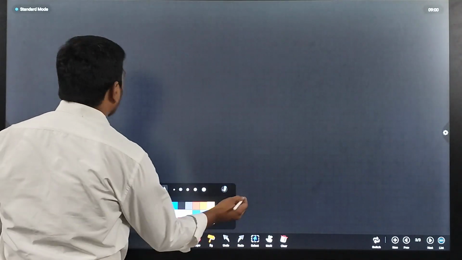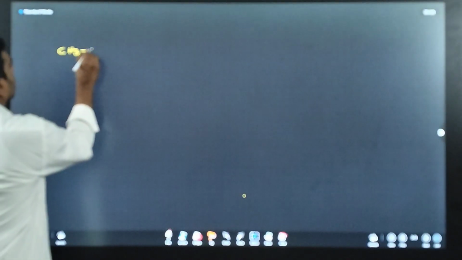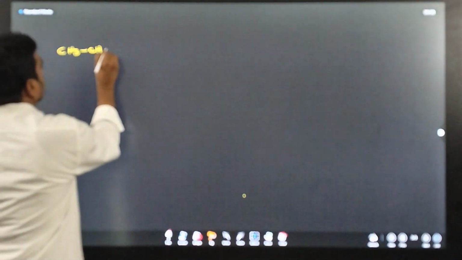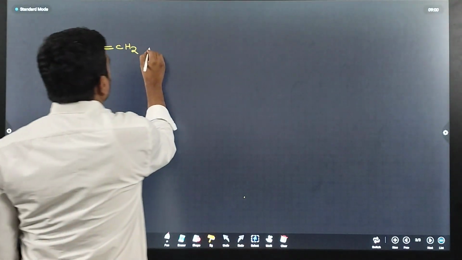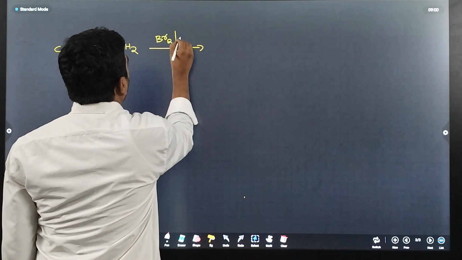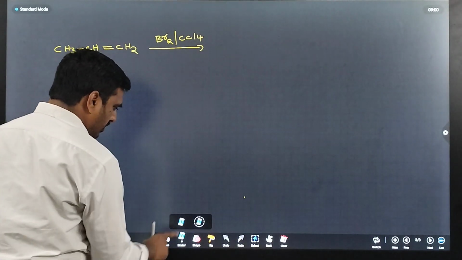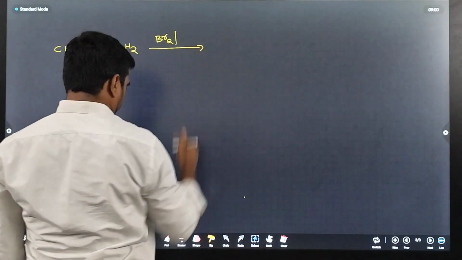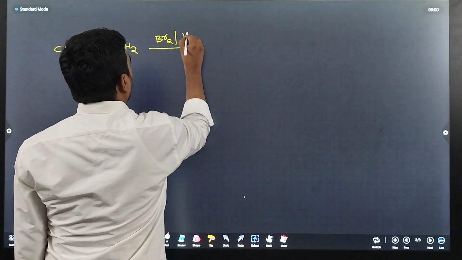So one more example. I can take CH3 CH=CH2, which is propene, with Br2 and CCl4. Just a minute, I will change the solvent.